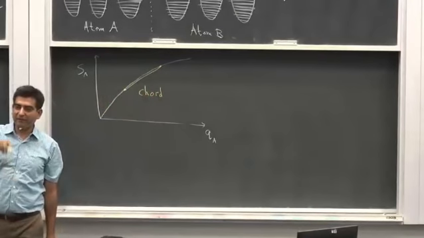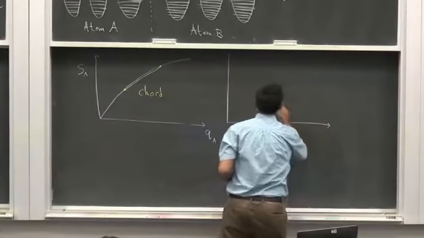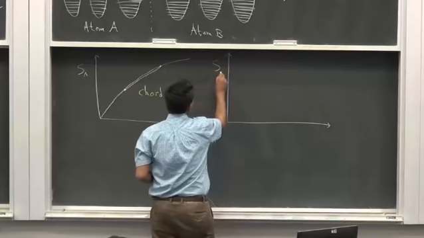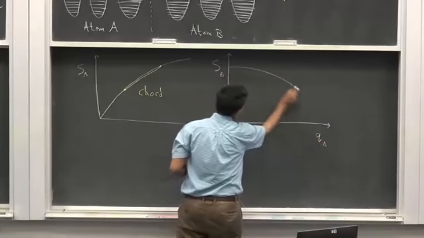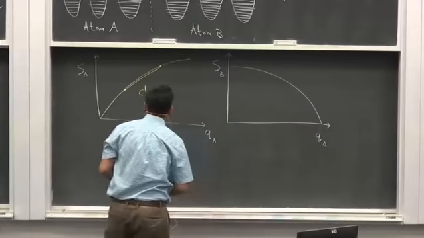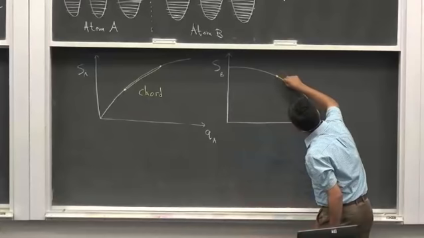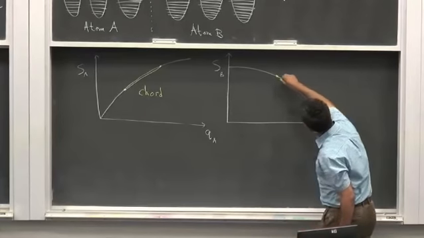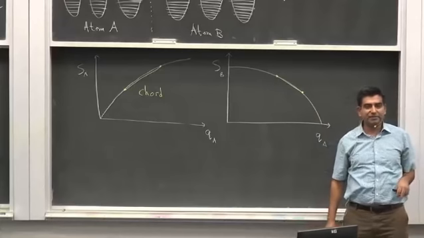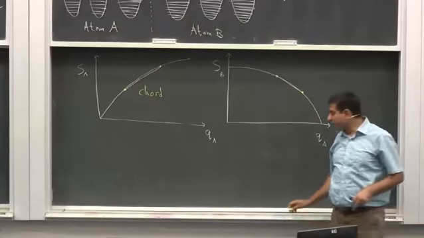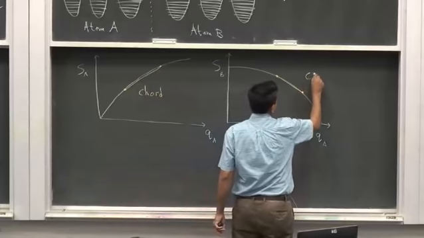If I look at this other plot here, SB versus QA, and connect any two points with a chord, the chord will lie below the graph. Likewise for the total entropy. Such a graph is called a concave graph.